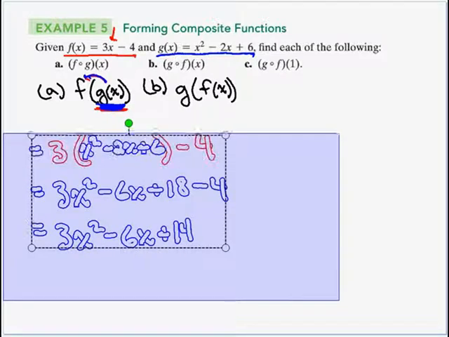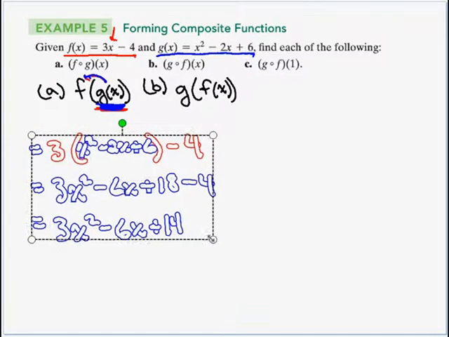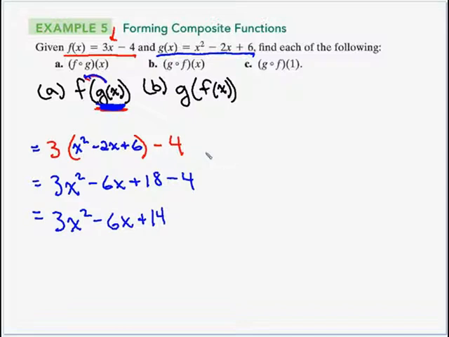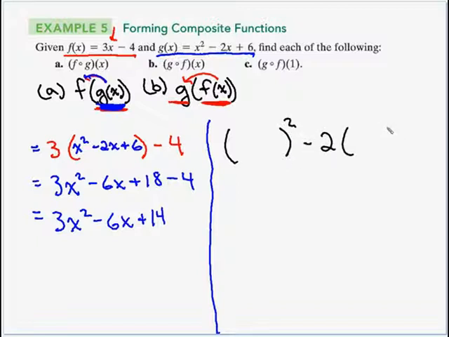Now let's see, I don't want to erase this. Let me just make it a little smaller here. And then right over here, we'll do the reverse: g of f of x. So the f of x function is going to be placed into the g function. Let me copy the g function, leaving out the x's. G was something squared minus 2 times something plus 6.